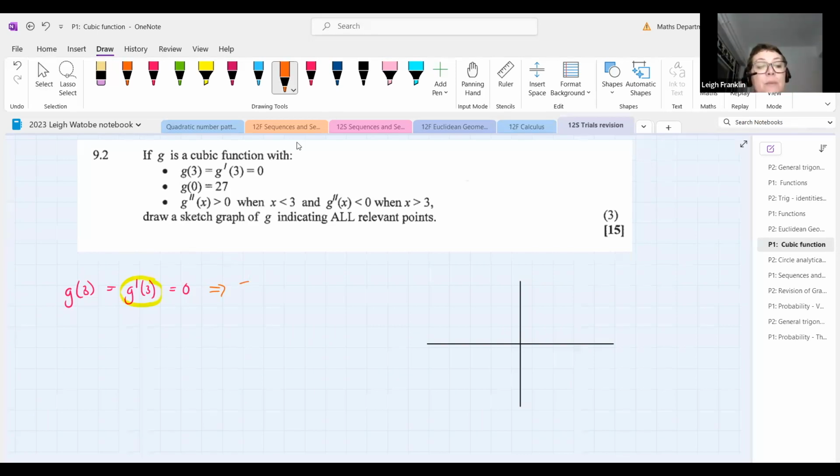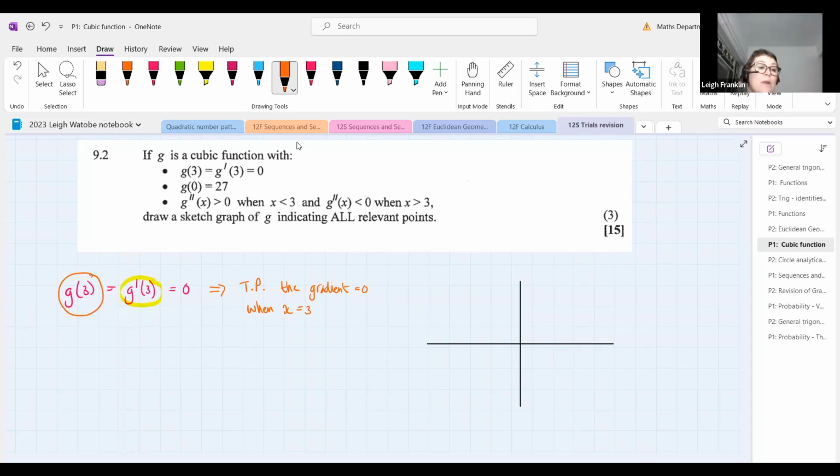So this is information about a turning point. All right, so I'll just write here for you, the gradient equals 0 when x equals 3.